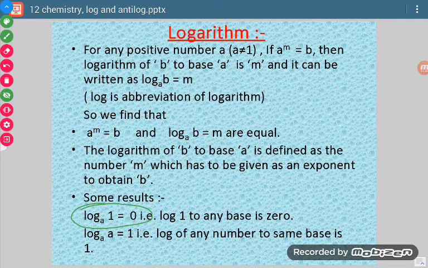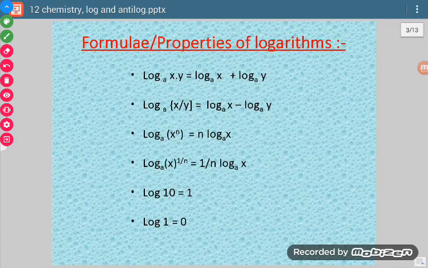Here a means any base, we can take any base, so log 1 to any base is 0. Similarly, log a to the base a means when we take log of any number to the same base, then its value is always 1.